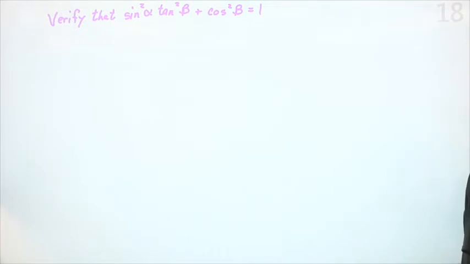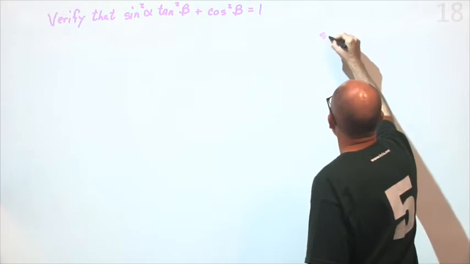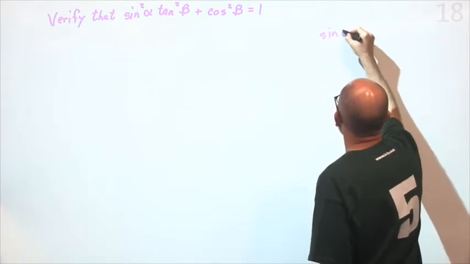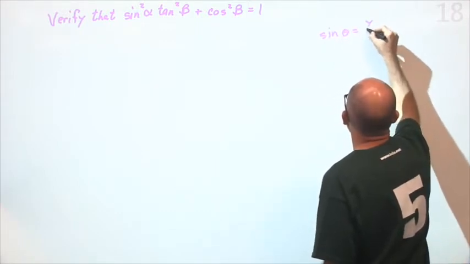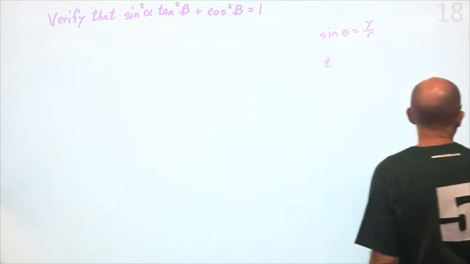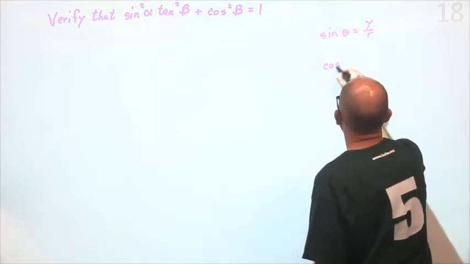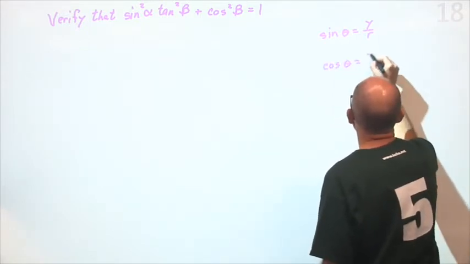Now, one thing I'd like to show you before we get started is this simple identity that sine theta equals y over r, and cosine theta equals x over r.